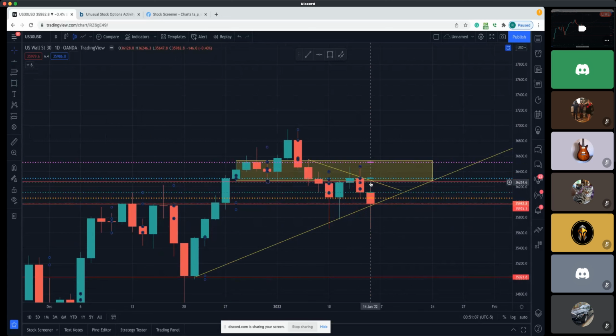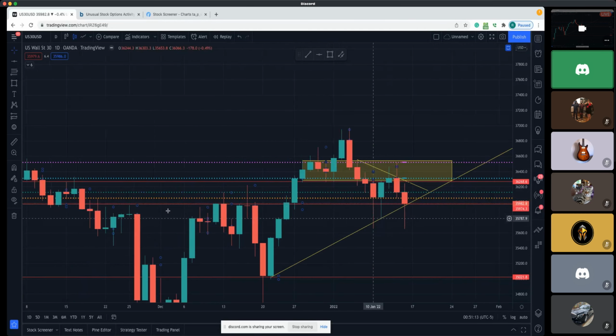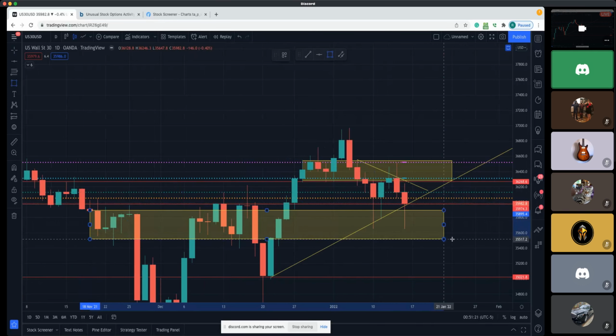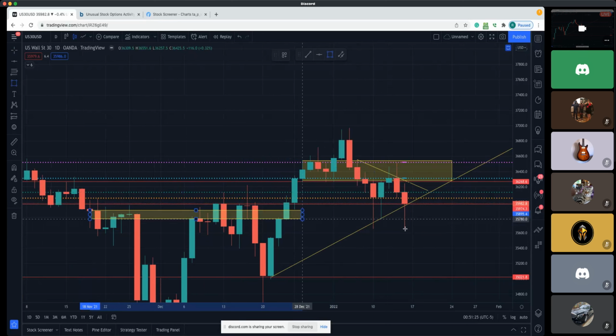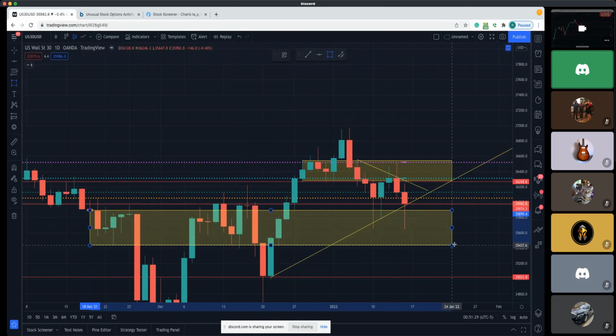I like it. And right here, that call trigger is there. Got a lot of support right there. Look at this range right here.